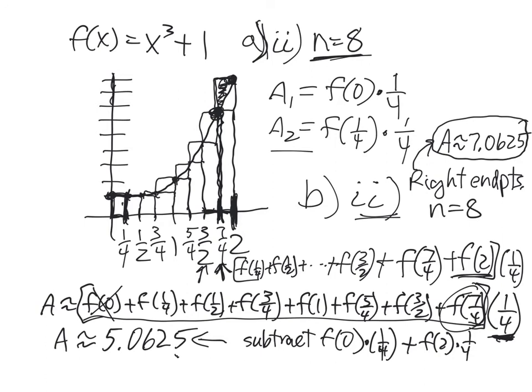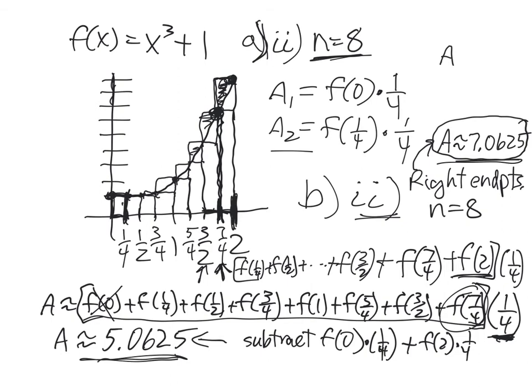Now, as we said earlier, this will give us an overestimate, or sometimes we call an upper sum, and this gave us a lower sum, the 5.0625. So what could we say about the exact area? Probably an average of the 2.